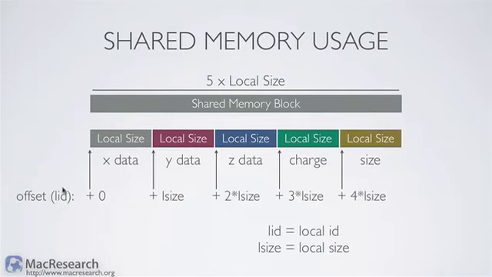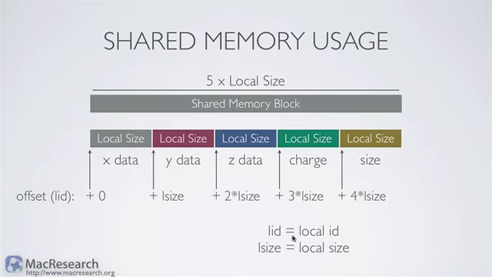And then I use offsets to index into this data. So we calculate a local ID. Again, my work group is 64 elements, which means I have 64 work items in my work group. Each one of those is going to have a local ID between 0 and 63 inclusive.